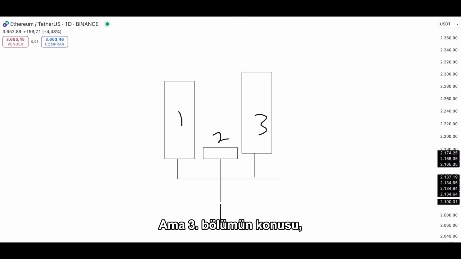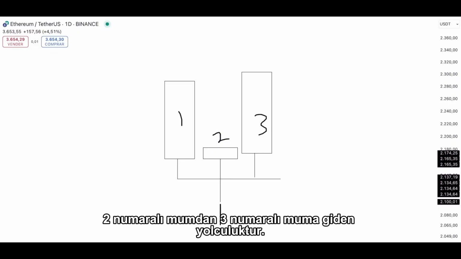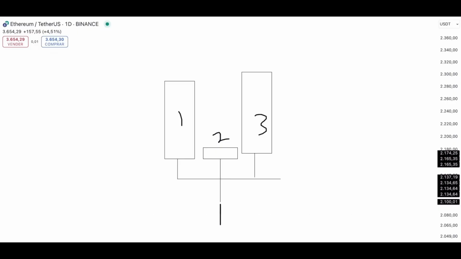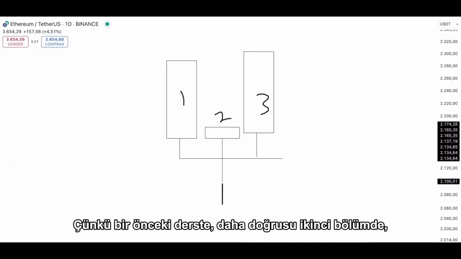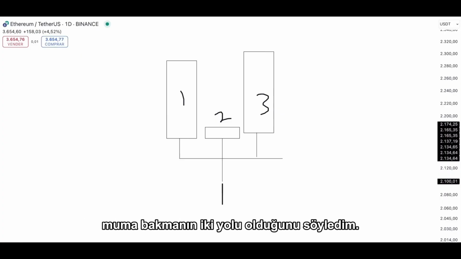But the topic of episode 3 is the journey of candle 2 to candle 3. Right, so we're going to go and look inside candle 2 and 3. Because as I said in the last lecture, episode 2 rather, there's 2 ways of looking at the candle.